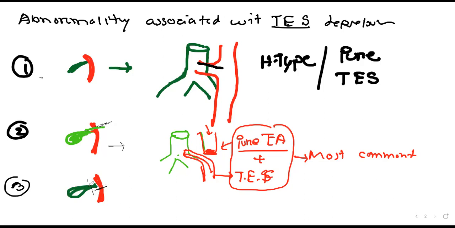So we can see this lung bud is detached from our foregut derivatives. This is our lung bud. It will eventually give rise to a trachea, and our esophagus has been cut into these two segments. The lower part is not attached with the trachea or lung bud here. So this will give rise to a structure like this. So here we draw the trachea that is derived from here.